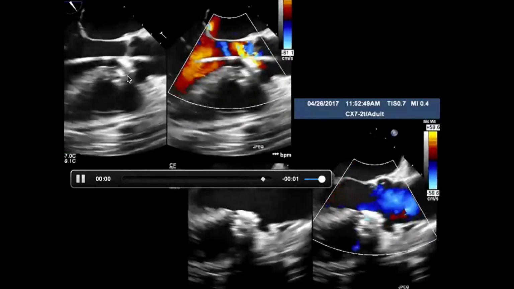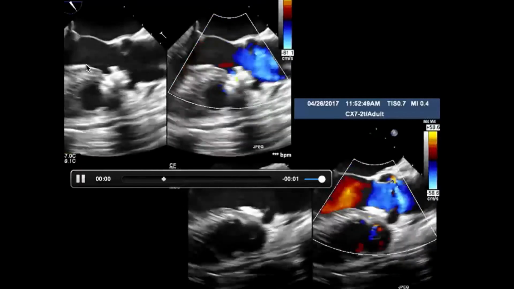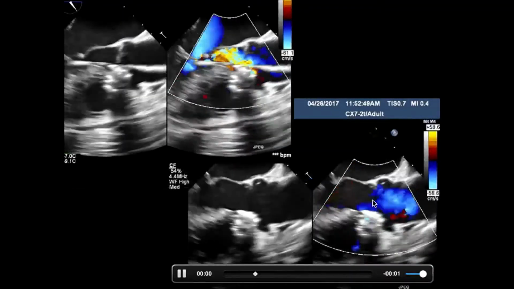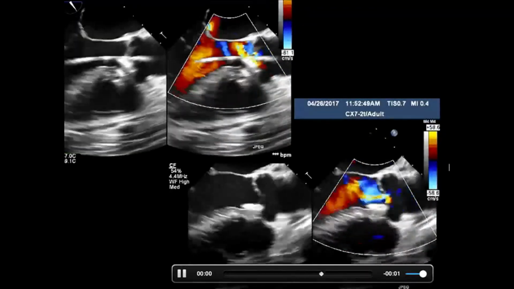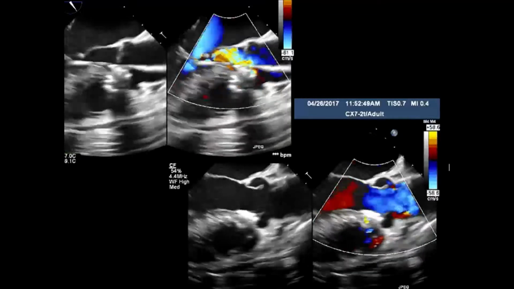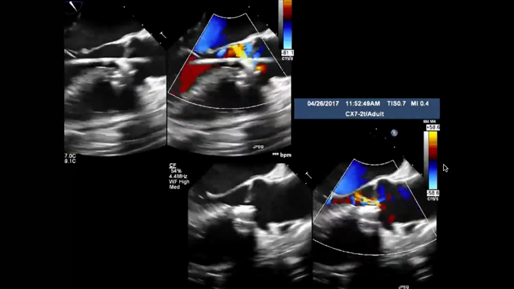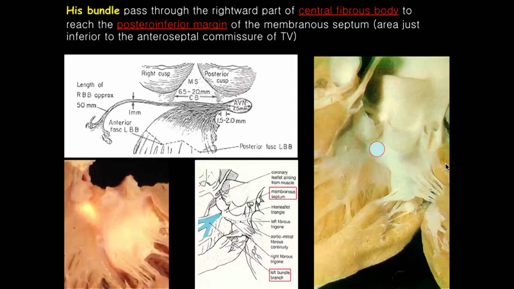Then I pulled back a little bit more and withdrew the pigtail catheter. However, it still showed significant aortic regurgitation. But I believed this device may not touch the right coronary cusp, so I pulled back more.